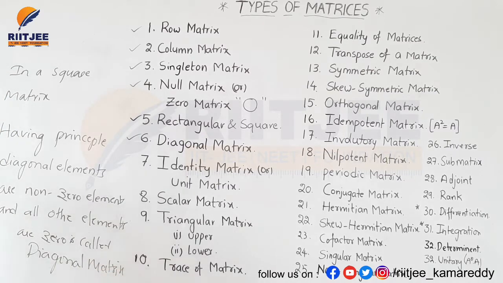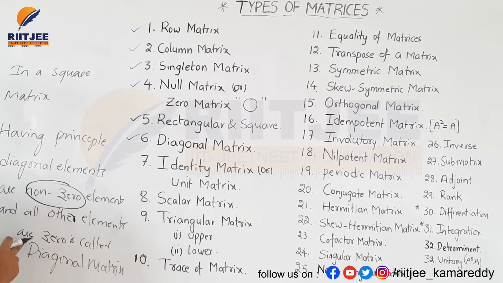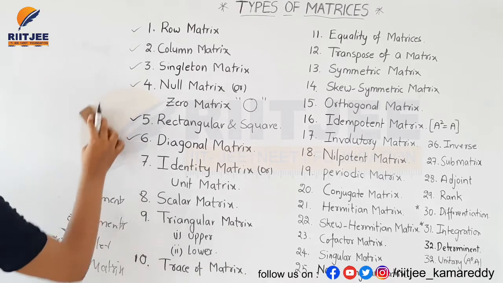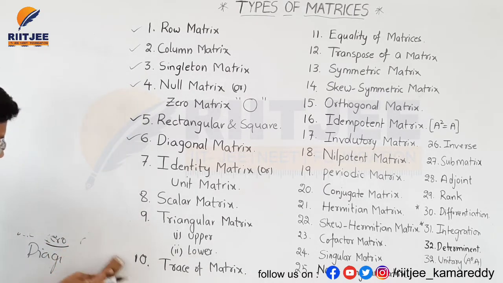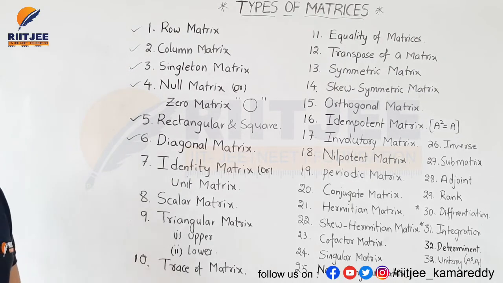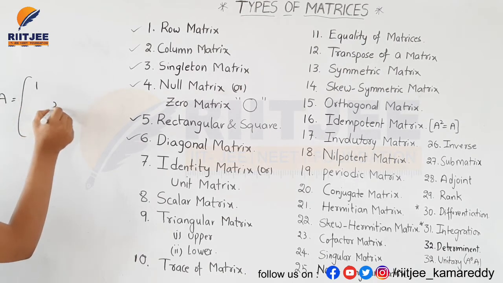Having all the principal diagonal elements in a matrix as non-zero numbers, and all other elements as zeros, is called a diagonal matrix. Let us see one example. A is equal to 1, 2, 3.